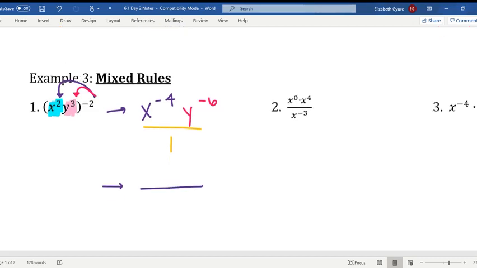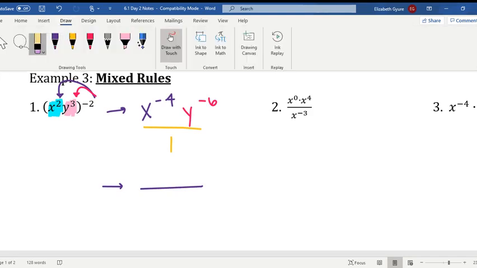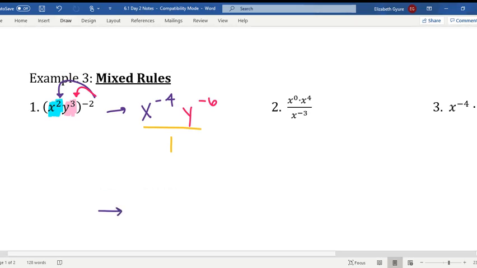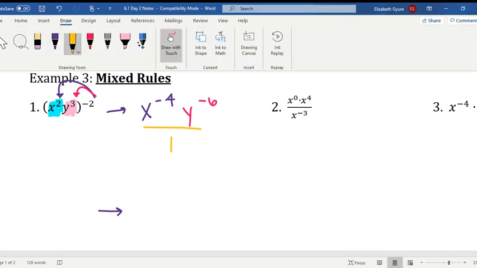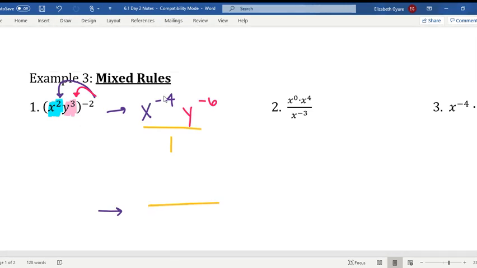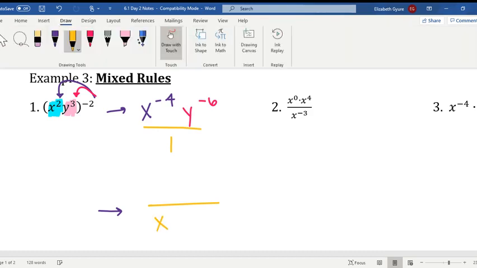So I'm going to put my fraction bar again, and I'll keep my same color coding so we don't get lost. Okay, so I'm going to take my x to the -4th and move it to the bottom, and it's going to become x to the what? To the 4th. Good. So that's going to become x to the 4th on the bottom.